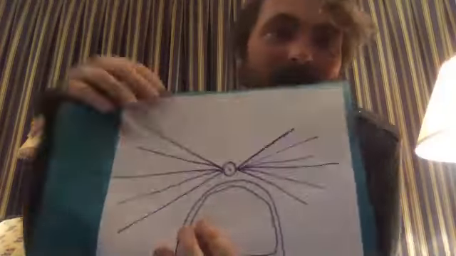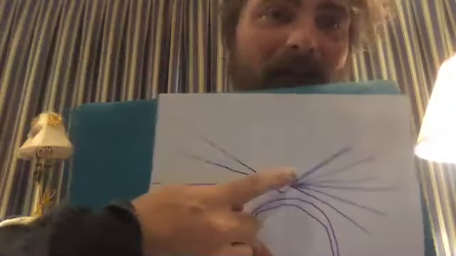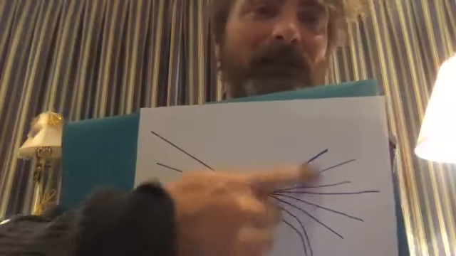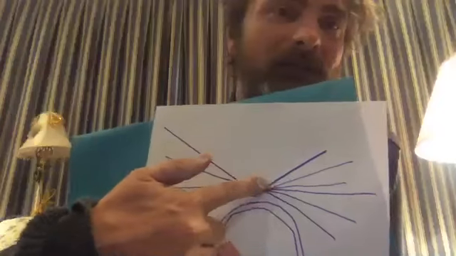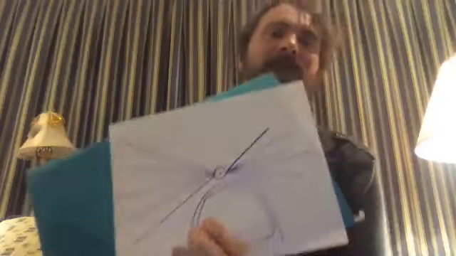Oops, I'm using the wrong marker. There it is. At the same time, if you look into the past, there's an infinite number of possibilities that were created for this particle to get to this point of existence.